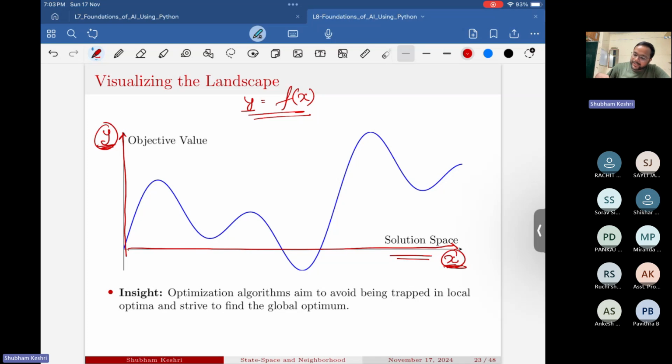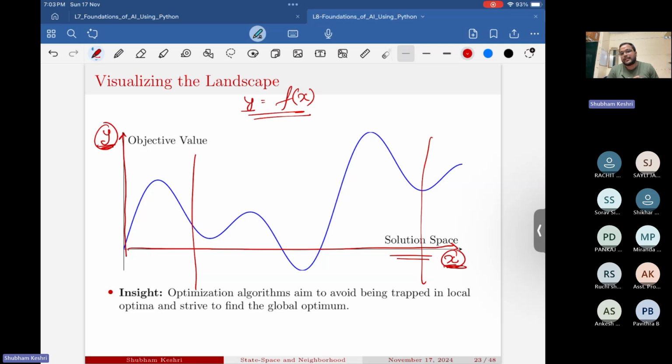That is the same idea we are using here, but over there we had some assumptions: the function should be continuous and differentiable, and you do not have any constraints. In this case, we may have a non-continuous, non-differentiable function. You can have constraints. For example, x can be in between these two; you cannot have x outside these two ranges. Then what is the global minima and what is the global maxima?